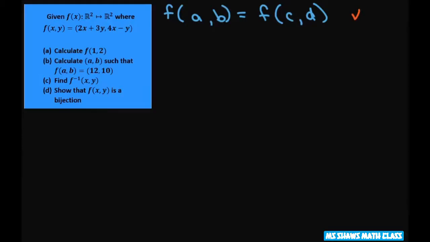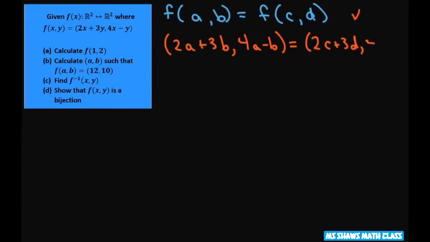So basically what we're going to have is 2a plus 3b, 4a minus b equals, and then you write it again but with c and d: 2c plus 3d, comma, 4c minus d.